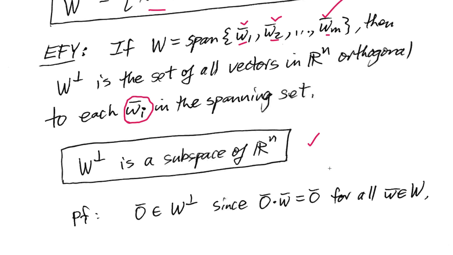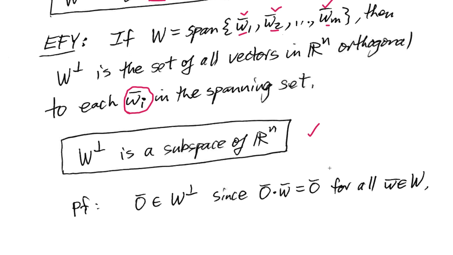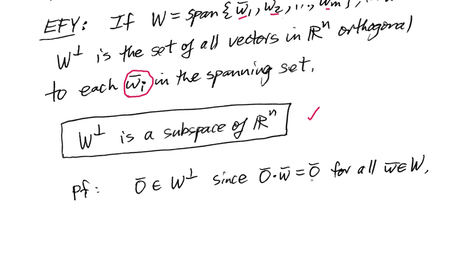Let's talk about this. W perp here is a subspace of R to the n. How would we do that? There's different ways we've approached this. One time we just talked about saying it's closed under linear combinations. The slightly lengthier way is to go ahead and consider the following three. 0 is actually in W perp, in the orthogonal complement. Why?